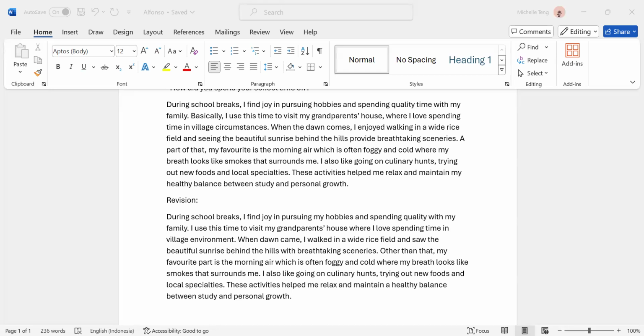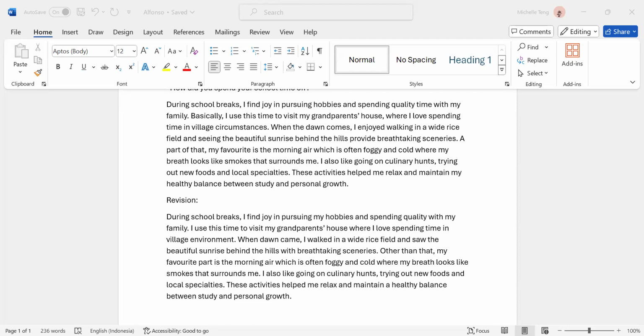"I went to Jakarta because I wanted to visit the zoo." So this sounds like a hanging sentence. It sounds as if you're trying to add something that is kind of irrelevant.